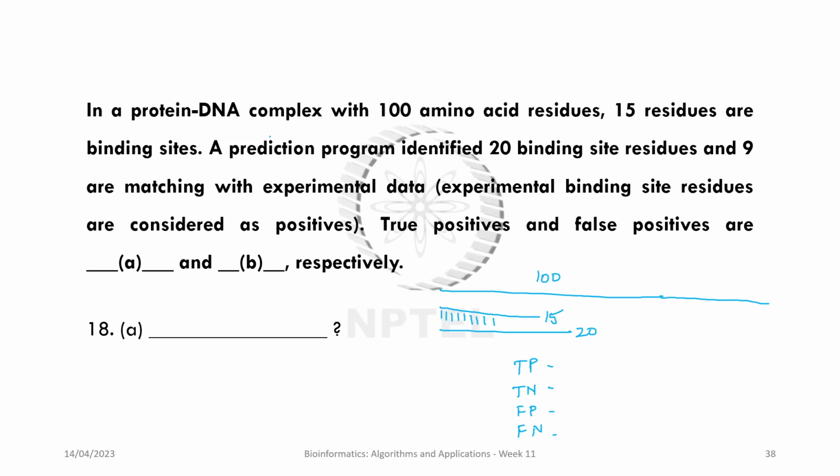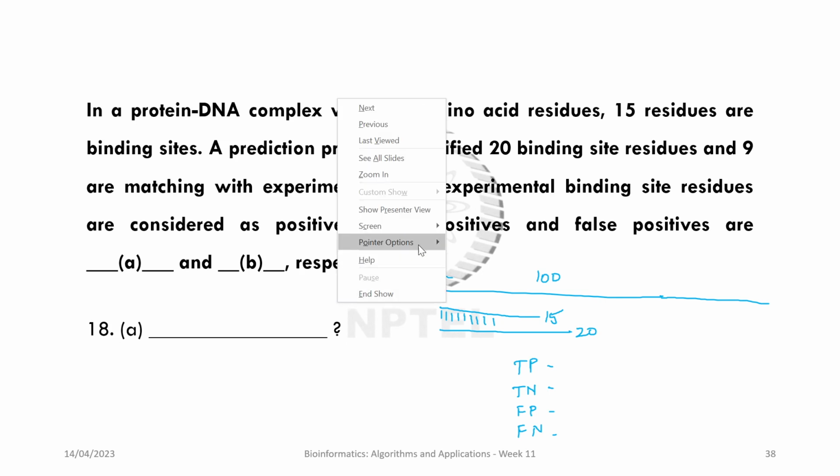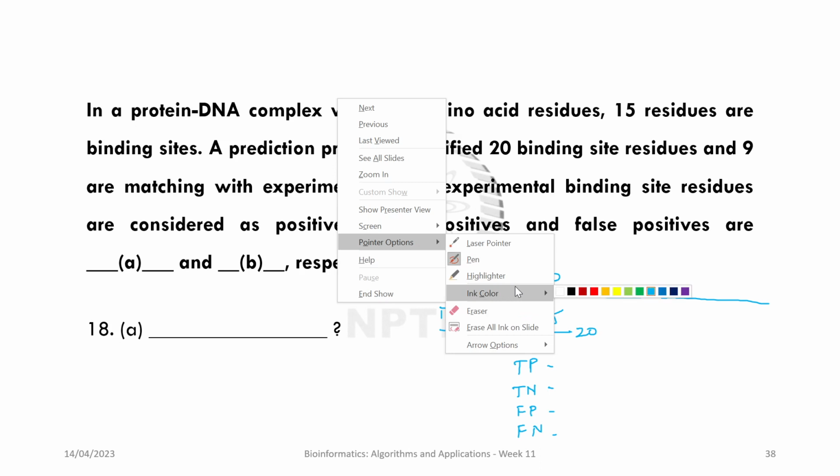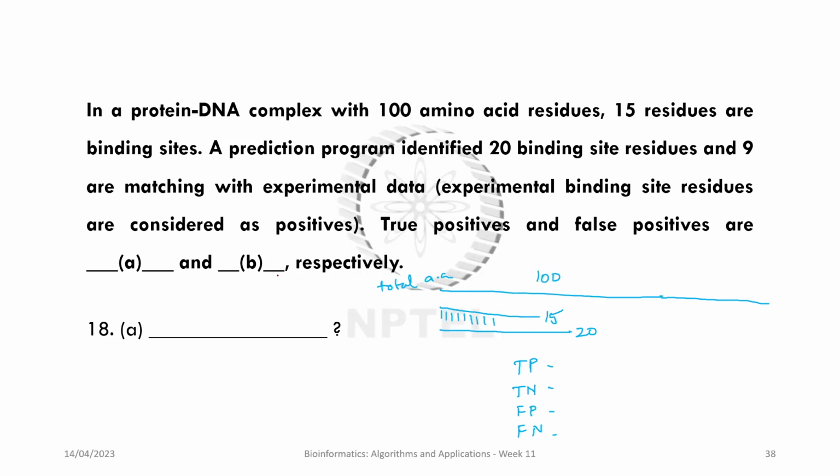Okay. Others? Thank you, Rohini. So these are the total amino acids, which are 100. So 15 residues are binding sites.